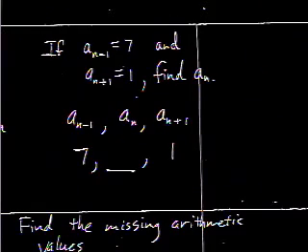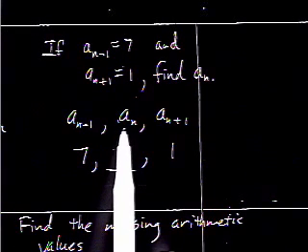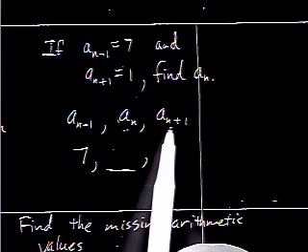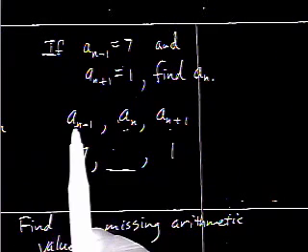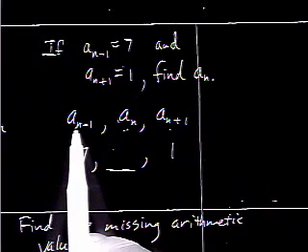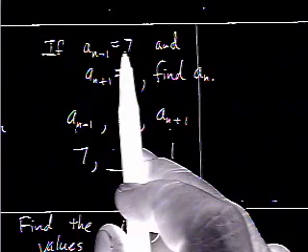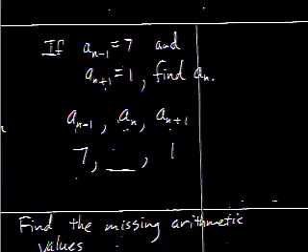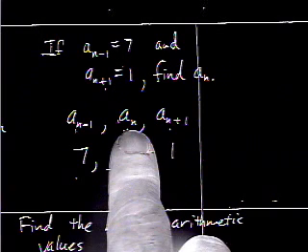Okay, now, the notation looks different, but it's the same type of question. We know that a sub n is some term out there in a sequence. The one after it would be a sub n plus 1. The one before it would be a subscript n minus 1. They tell me that a sub n minus 1 is 7, and a sub n plus 1 is 1. And they're asking me, what is a sub n?